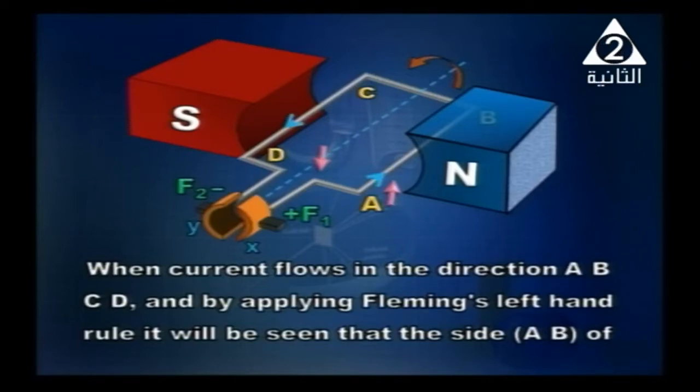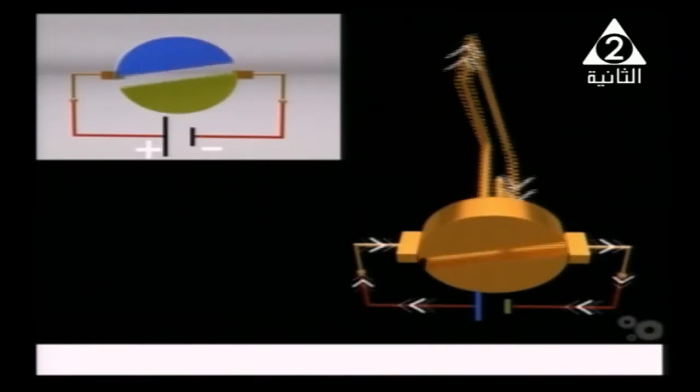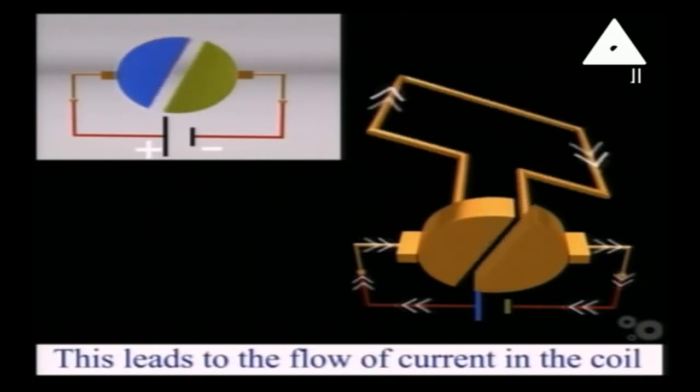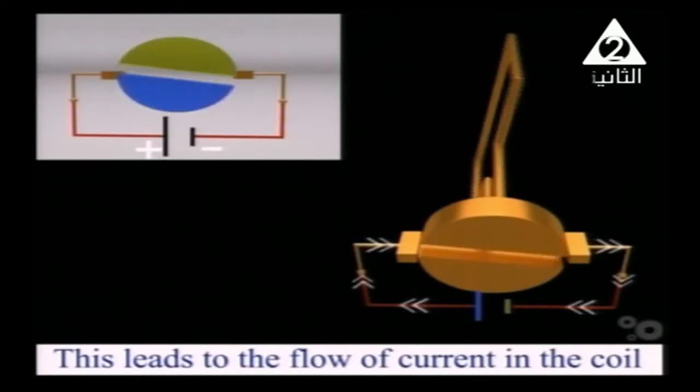By applying it, it will be seen that side AB of the coil will be acted upon by an upward force, and side CD is acted upon by a downward force. These two forces form a couple, so we've got two forces equal in magnitude, opposite in direction, but parallel.